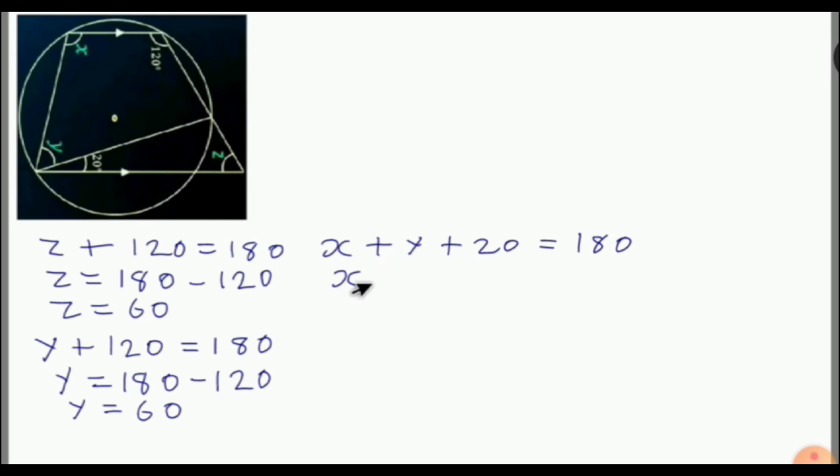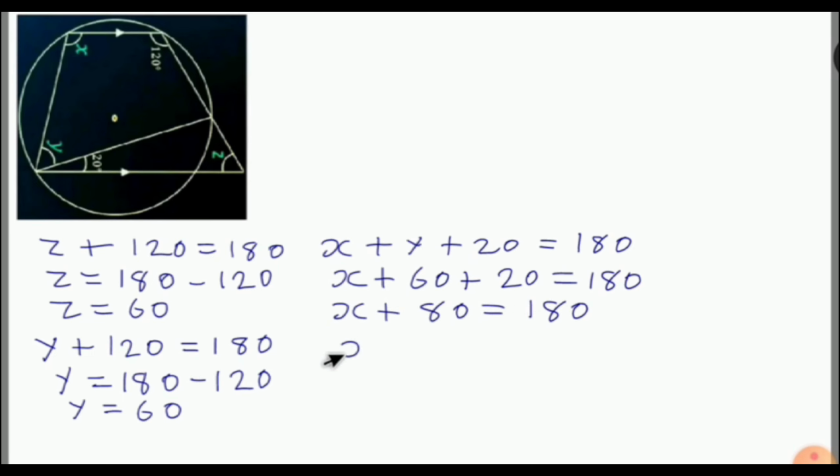So we say x plus 60 plus 20 equal to 180. So x plus 60 plus 20 is 80, equals 180. Then x is equal to 180 minus 80. x is therefore equal to 100.